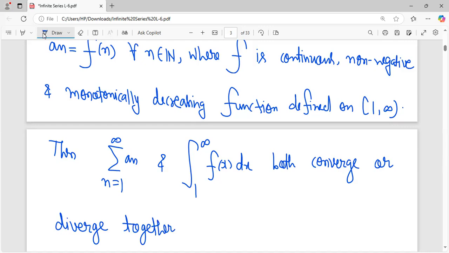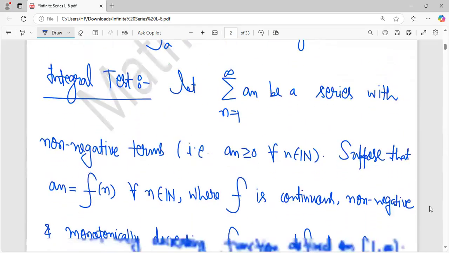Converge or diverge together. Okay. So let's see its proof. How will it be proved? It is simple.